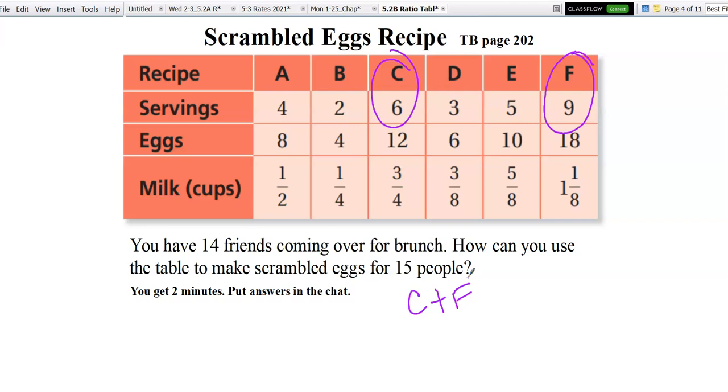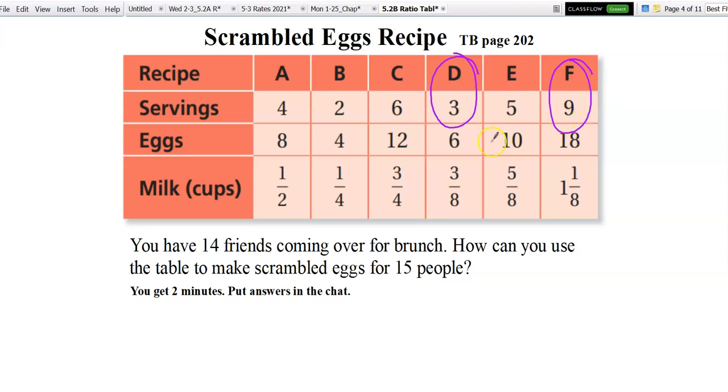Now I also want to think about something that maybe involves some subtraction, because let's say I want to add, let's see, what if I did this? Oh, if I did 9 plus 3, that's 12. Ooh, for this one I could add another batch, but what if I did this?